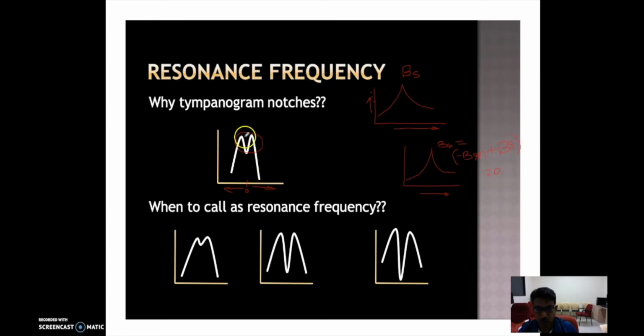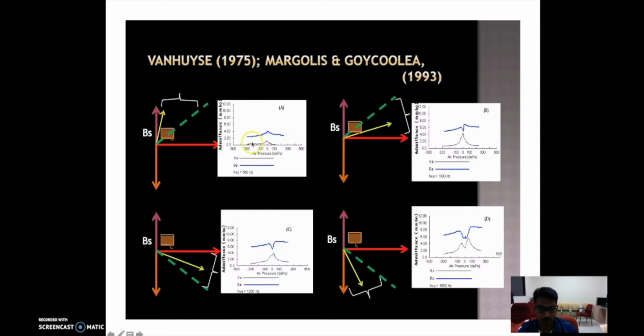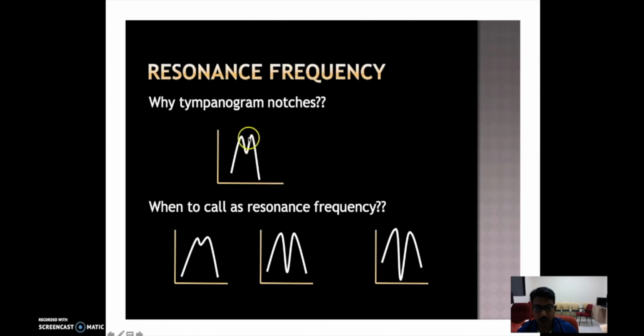Whereas very close to zero static pressure, what you actually see is the static or original characteristics of the middle ear. Okay, so this is similar to the 1B 1G pattern.